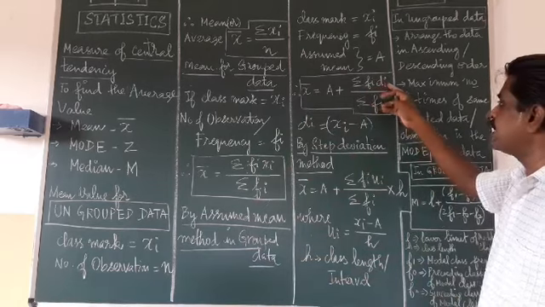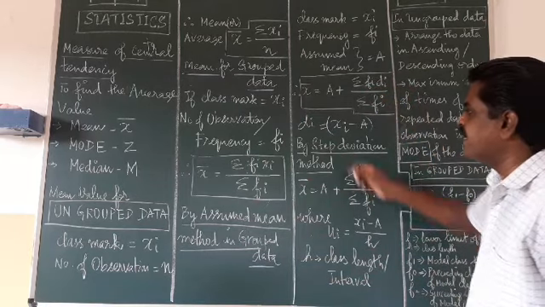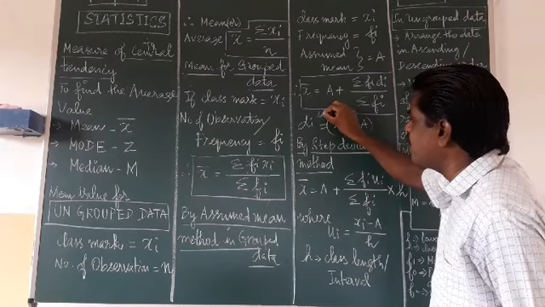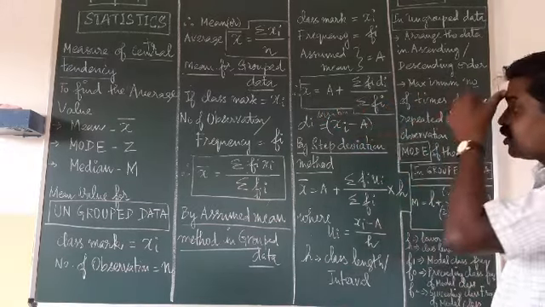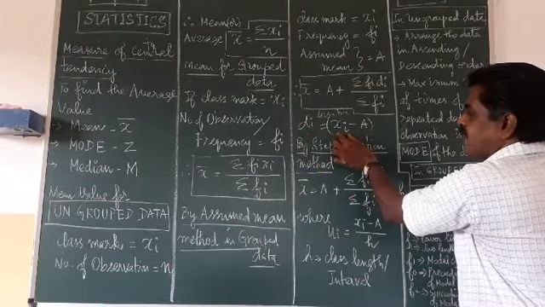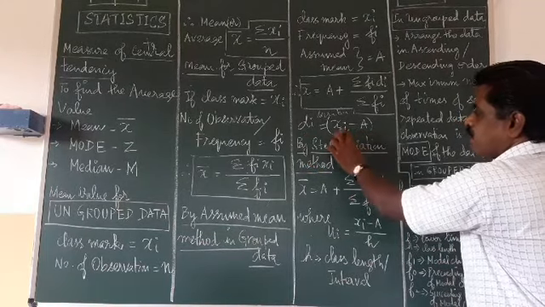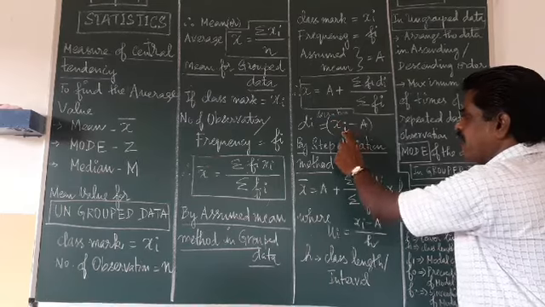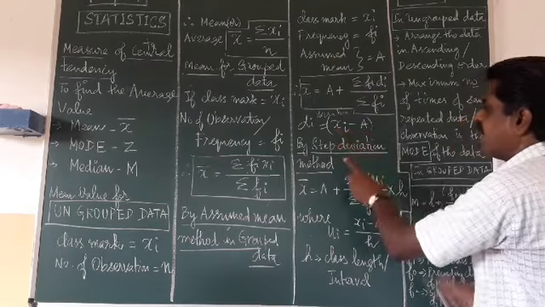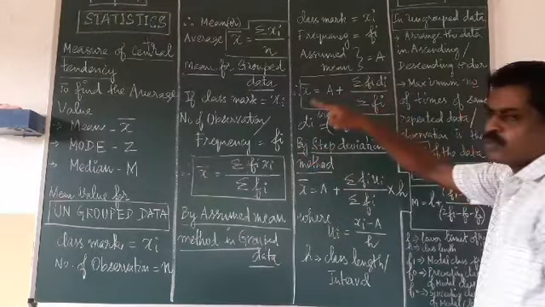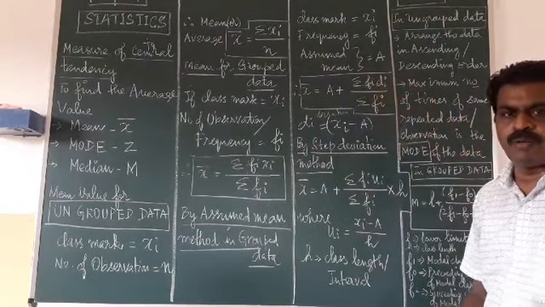This di is called the deviation from the assumed mean. How do we calculate di? It is xi minus a: x1 minus a, x2 minus a, x3 minus a. Then the di column and the frequency column should be multiplied. When you do problems, you will understand.